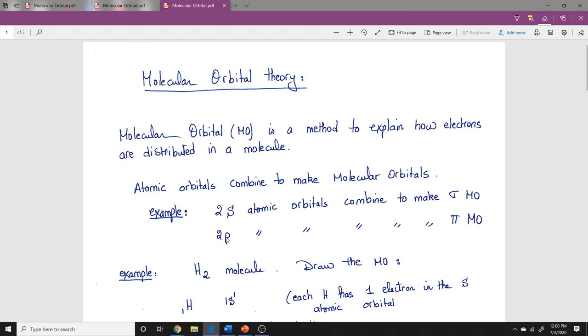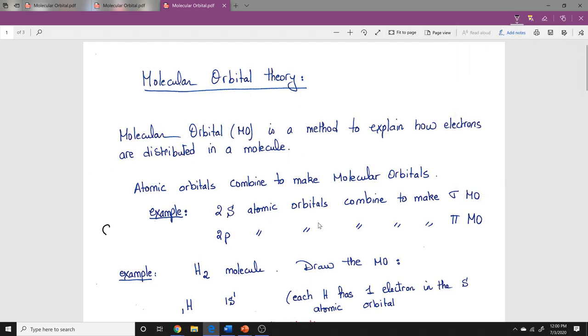Now, if atomic orbitals combine, then you will form molecular orbitals. So let's say, for example, if the s orbitals combine in there, you will have the sigma bond. The s orbitals are circular in shape.